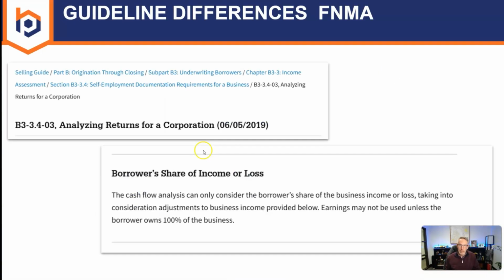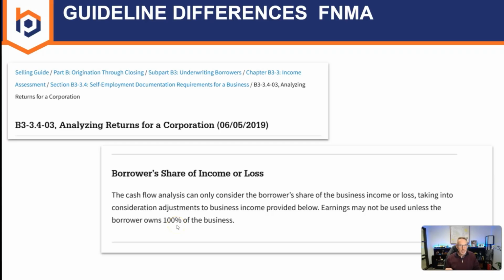And again, the next thing is, remember, there's some very restrictive rules about using the cash flow analysis. Now, remember, when you are a business owner, 25% or greater, you use the business returns and cash flow adjustments if they qualify with liquidity passing, and the W-2s and maybe the dividends if they got it. But with Fannie Mae, you cannot do that at all, no cash flow adjustments, unless you're 100% owner.